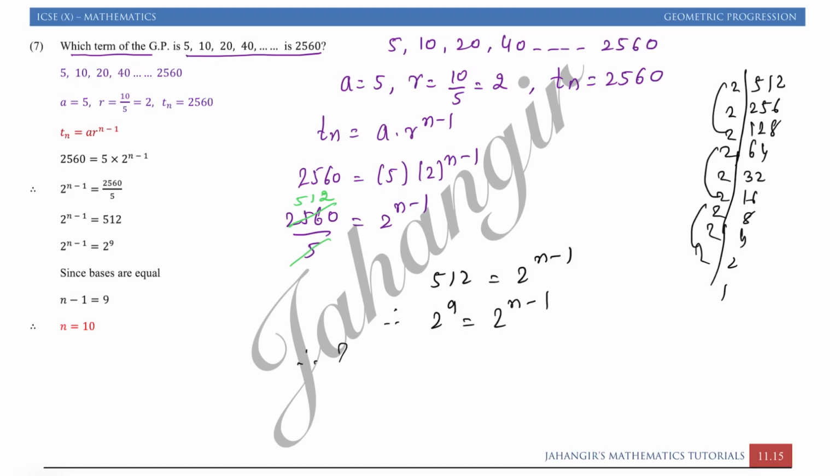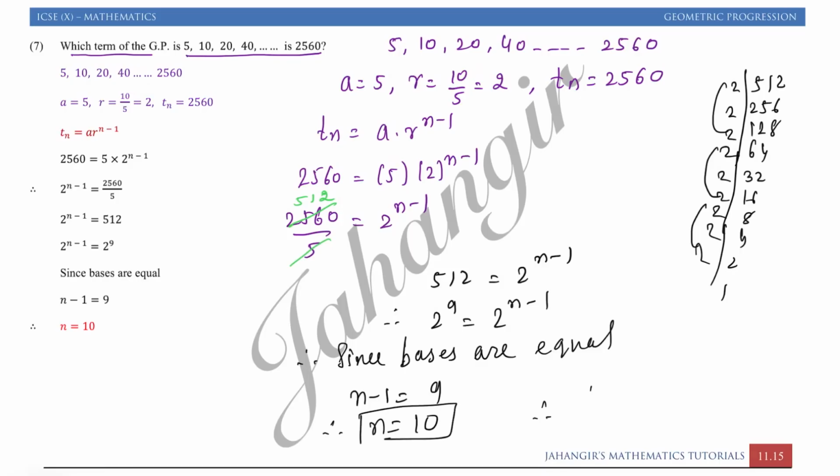So since bases are equal, we will say n minus 1 is equal to 9. So therefore n is equal to 9 plus 1, 10. So therefore I can say T10 is equal to 2560. The 10th term of the sequence is 2560.